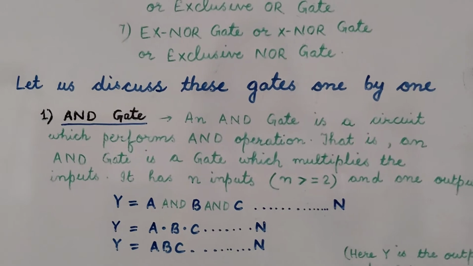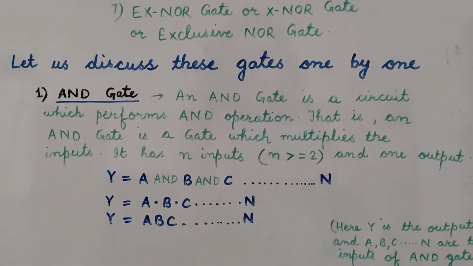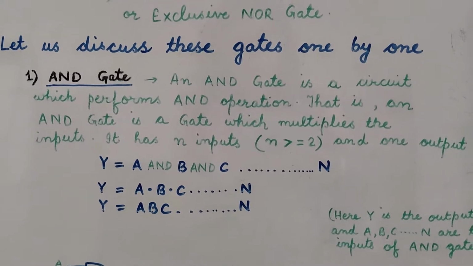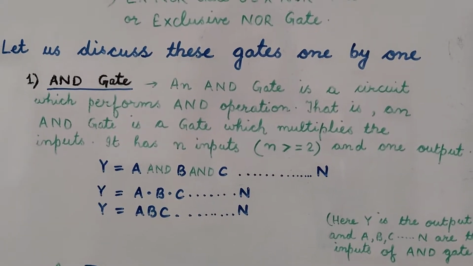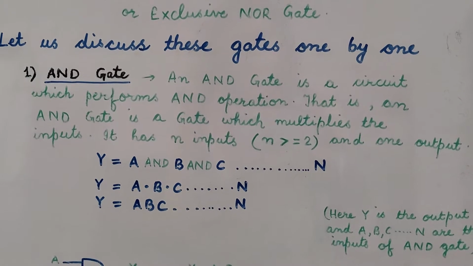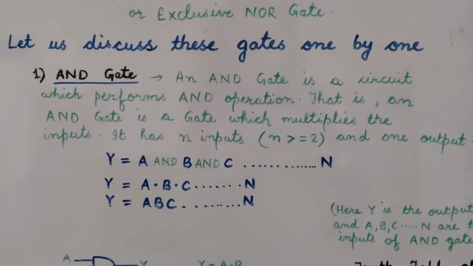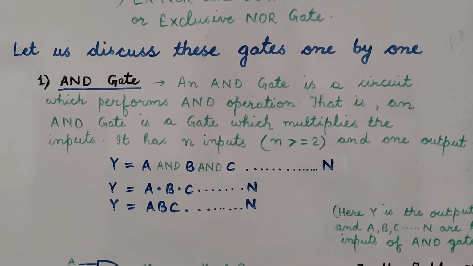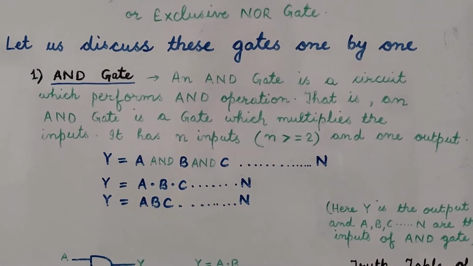The first gate is the AND gate. Now what is an AND gate? An AND gate is a circuit which will have 2 or more than 2 inputs, but it will have only one output.